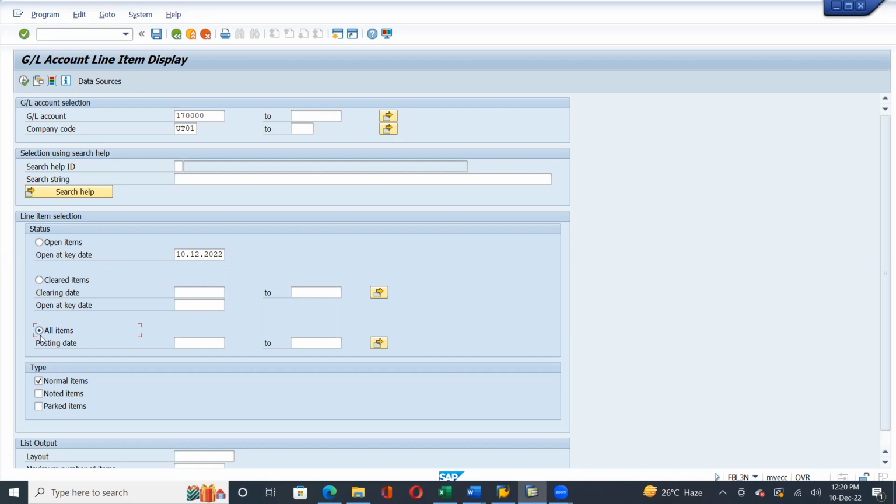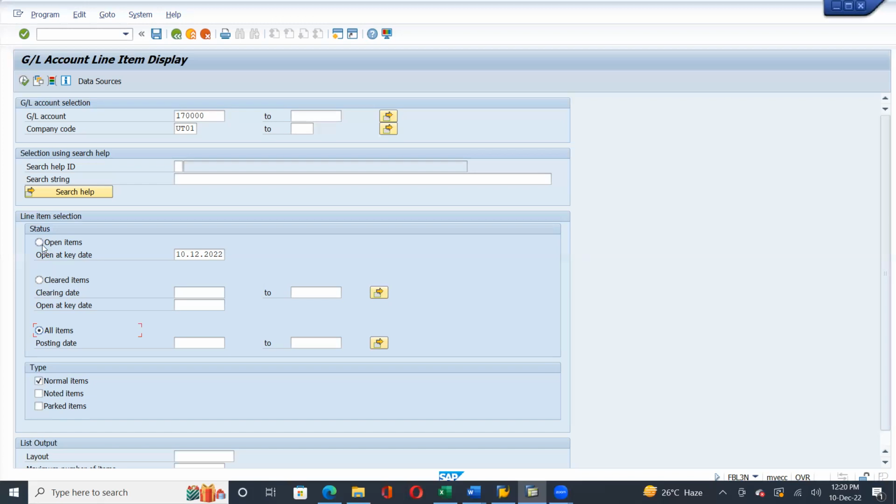All items is a combination of all your outstanding items and your cleared items. We have already seen noted items and parked items in the last sessions, right? So here it is cleared items and open items.